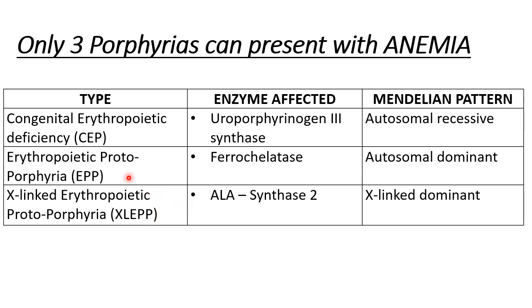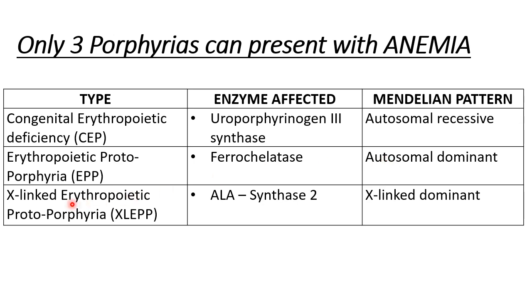Depende yan dun sa enzyme affectation. Okay? Sa CEP, congenital erythropoietic porphyria, ang affected na enzyme is the uroporphyrinogen 3 synthase, which is autosomal recessive in inheritance. Itong erythropoietic protoporphyria, ferrochelatase deficiency sila, and ang pattern is autosomal dominant.